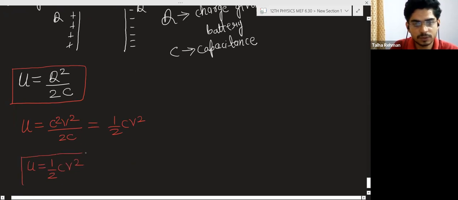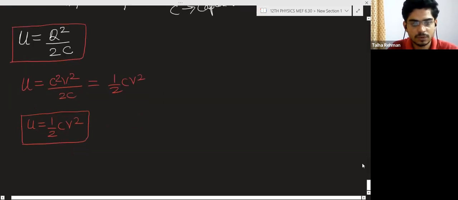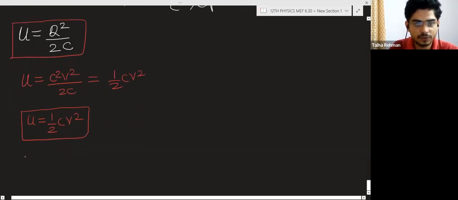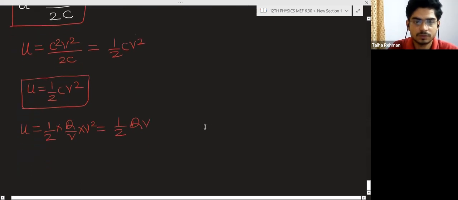This is another formula. From here, this is half, and I can write C as Q by V, and this is V square. So I will get half QV. So U is equal to half QV. This is another formula.